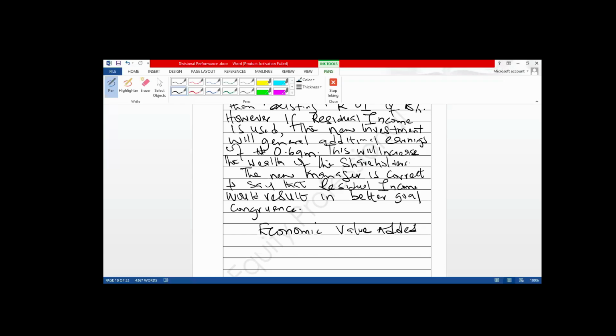To correct this, economic value added is introduced. Look at the value contributed to the business. Economic value, not accounting value.